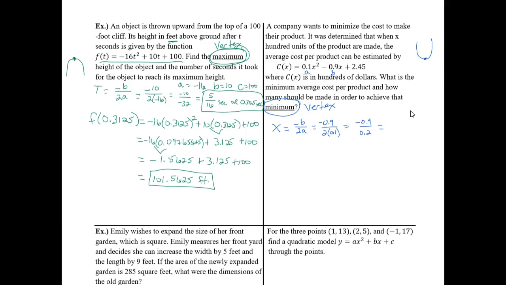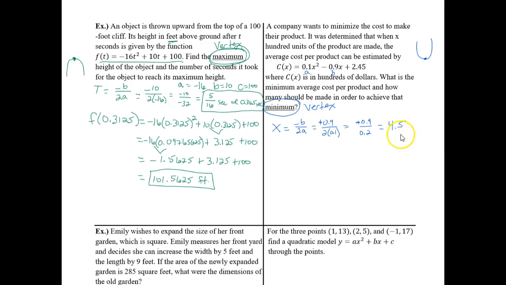And divide. Oops, sorry, this is negative, so that makes that positive. Right? Our b was negative 0.9, and we're taking negative b. So negative makes that positive. And then we divide 0.9 divided by 2/10, and we get 4.5.